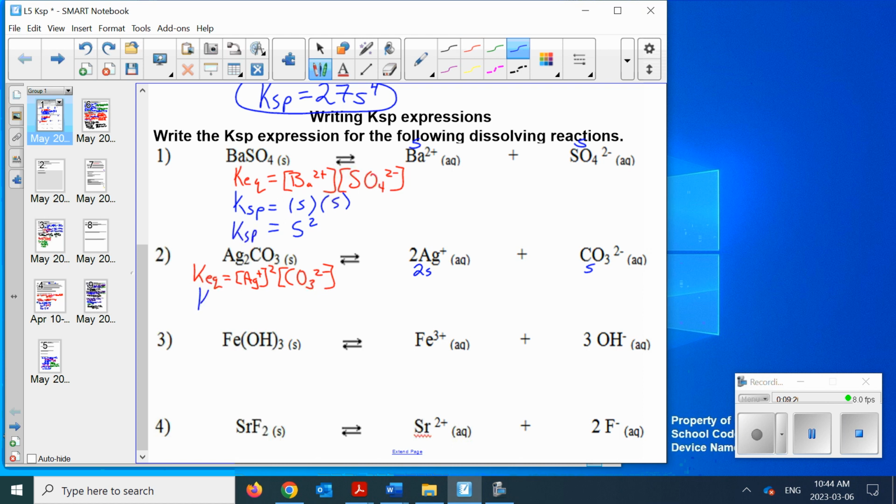Ksp equal to, put in my 2S squared, single S. I'm going to work left to right for this one. 4S squared times S, which I'm going to squeeze in here. The final Ksp expression that I'm looking for is 4 times 1, so 4S cubed.